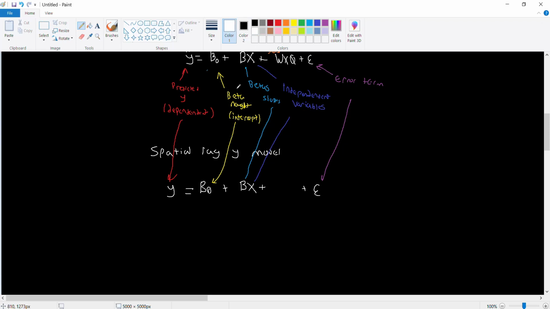So the thing that makes the spatial lag y model different is this inclusion of the variable rho, which I can never seem to draw without it looking like a p, but this is rho, times the weighted mean of y.